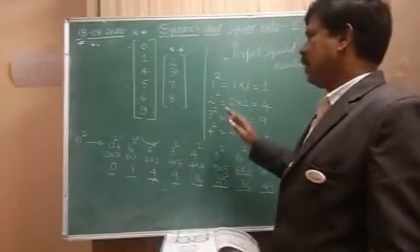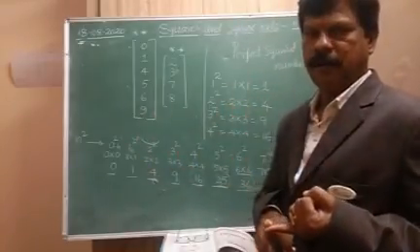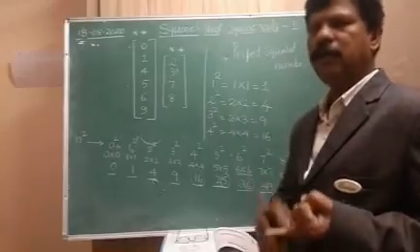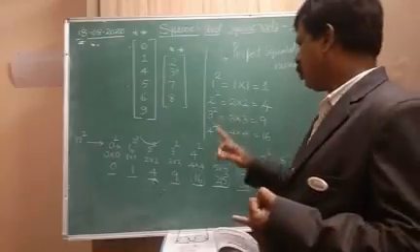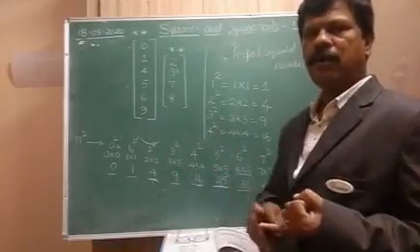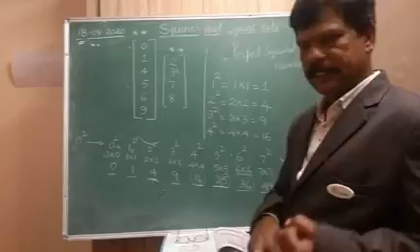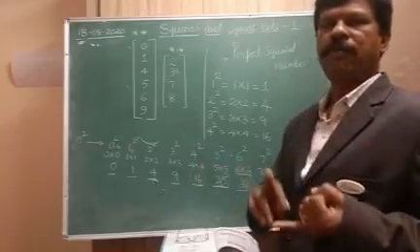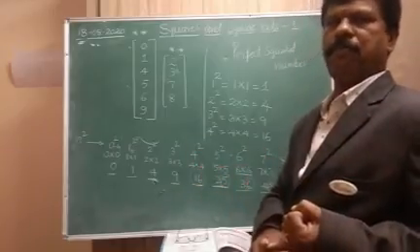So, first thing, what is a perfect square number? A perfect square number is nothing but the product of the same two integers. Product of the same two integers is called a perfect square number.